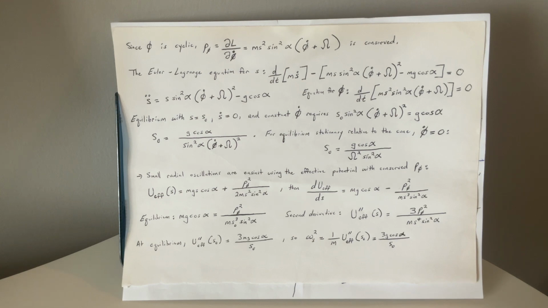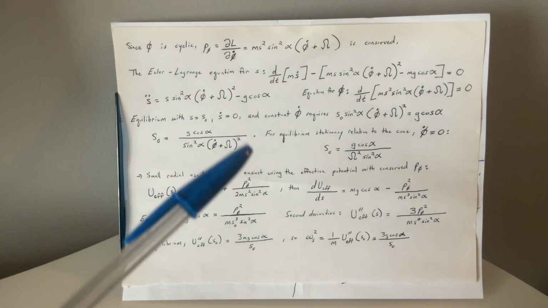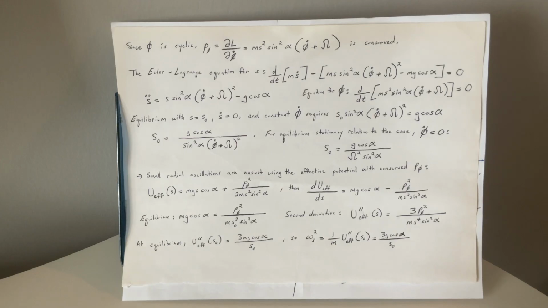So s naught equals g cosine alpha divided by sine squared alpha times the quantity lowercase phi dot plus Omega, squared. And for equilibrium stationary relative to the cone, phi dot equals 0, and s naught equals g cosine alpha over capital Omega squared sine squared alpha.